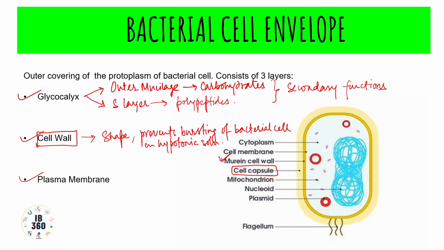So if we discuss the composition of the cell wall in gram-positive and gram-negative bacteria, in gram-positive, 70 to 80% of the cell wall is made up of peptidoglycan, which is also known as murein or mucopeptide.